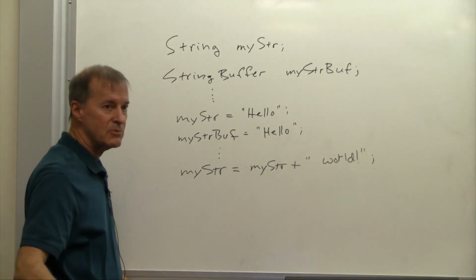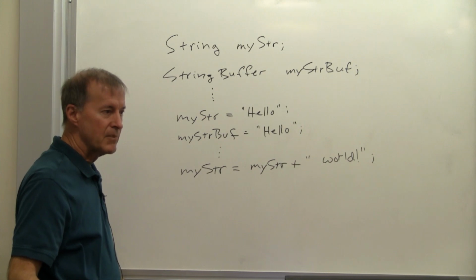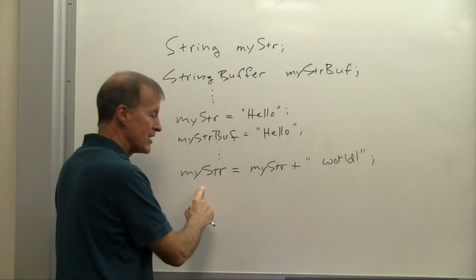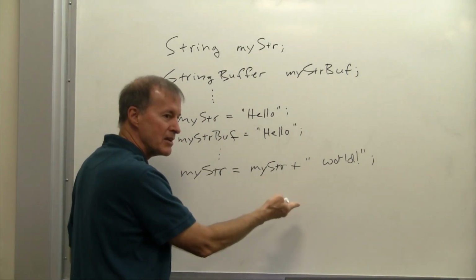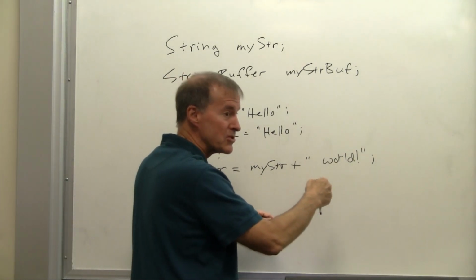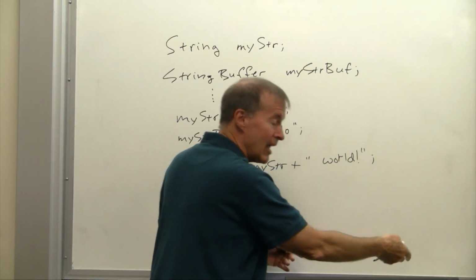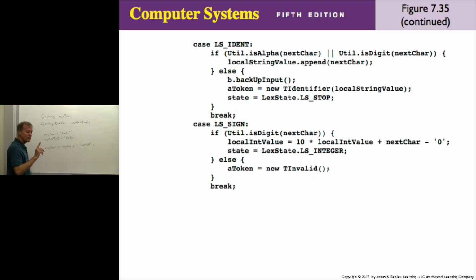Now, does everybody see what we're saying there? That's how it would work. We are not mutating myString, but we are setting it to a new string. We're not mutating the original string. We're making a copy of the original string, doing an operation on that, making that construction, and then myString gets that. That's different from the way, here in figure 7.35, we see how to append to a buffer. What do we see?